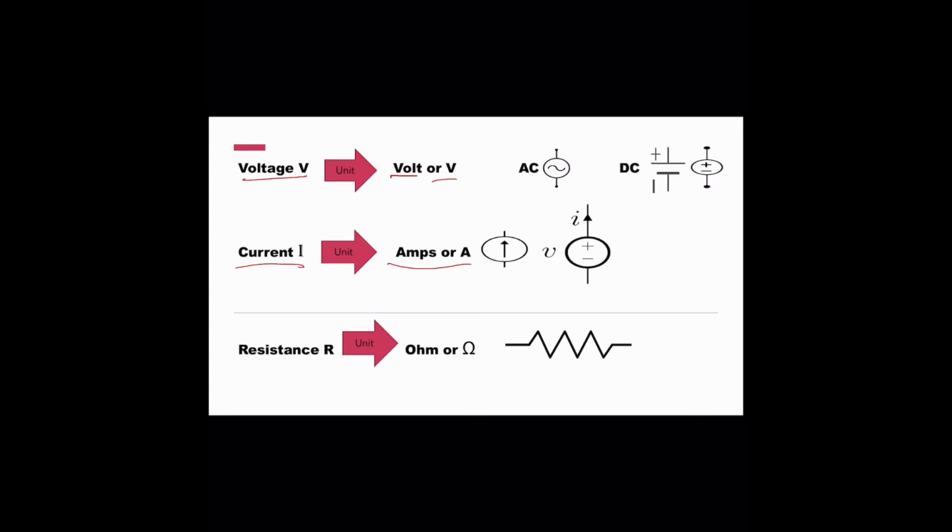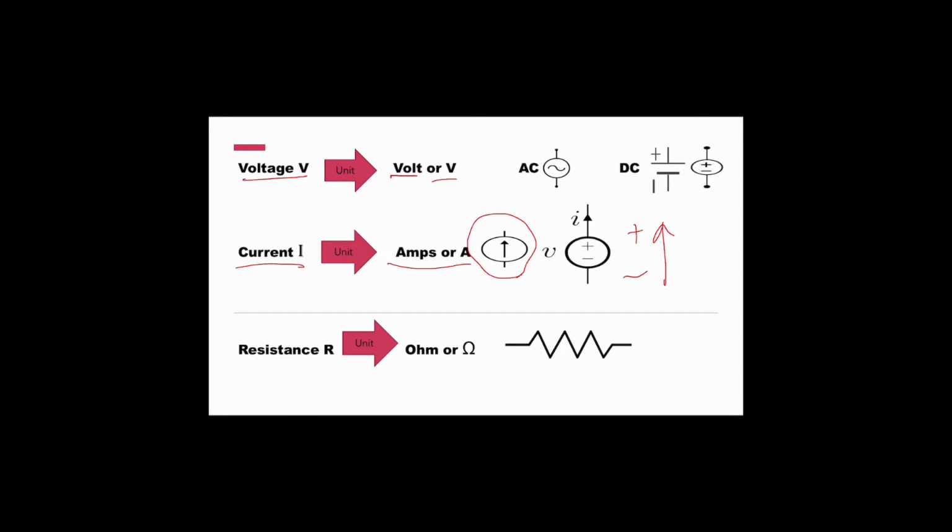And here is how the current source looks. It's important to know that the current always flows from the negative sign to the positive sign all the time. You have to keep that in mind during this course.